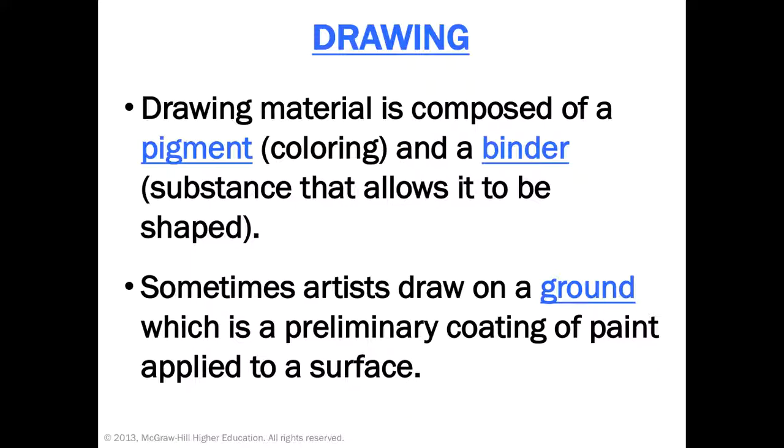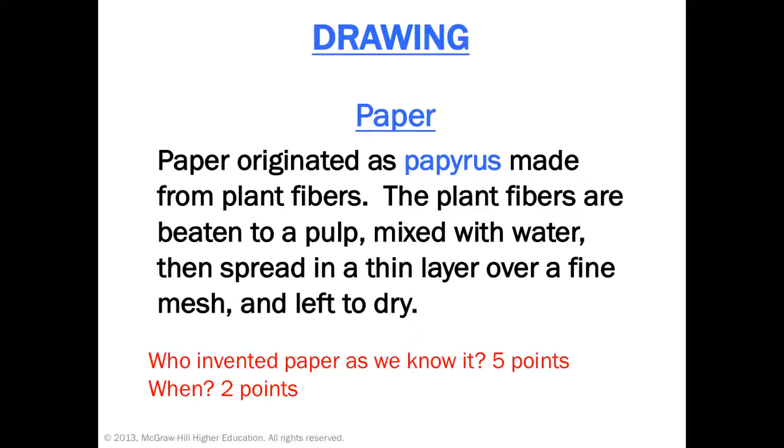So artists draw on a ground, so that's usually a preliminary coat of paint applied to a surface. That's not always the case, but usually paper has some kind of treated surface. Sometimes it's raw. Okay, so paper originated as papyrus. That's the first known use of paper.